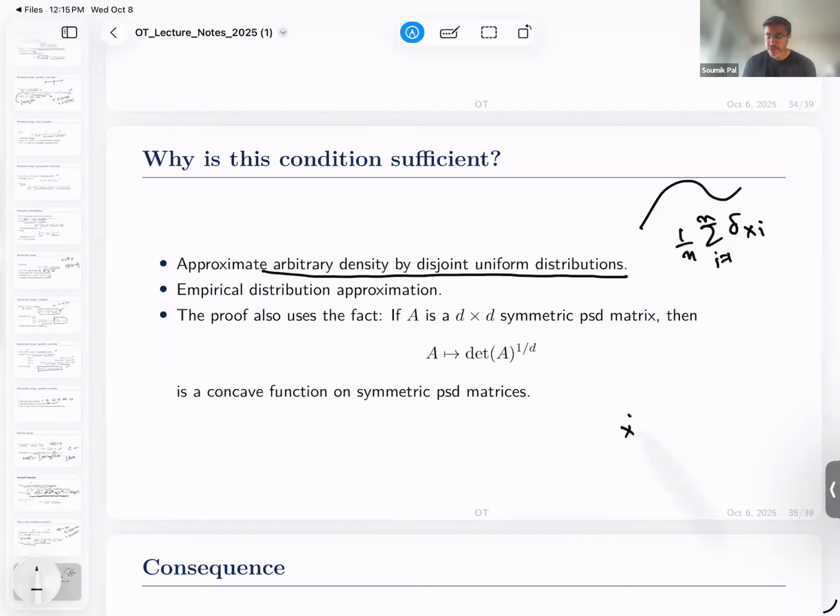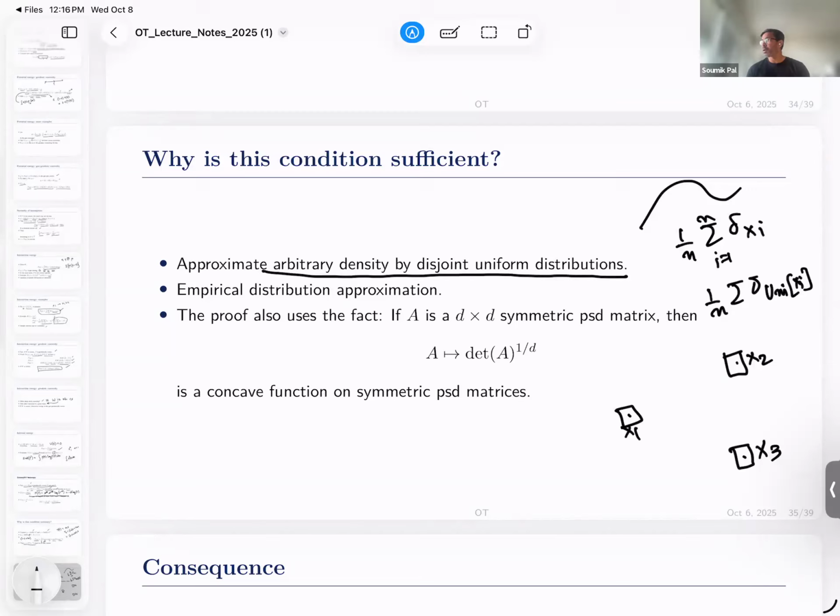So I have these points x1, x2, x3, which are kind of atoms. Now you pick tiny cubes around these atoms and fill them up with uniform density. Then 1 over n times the sum of uniforms around these x_i's is an absolutely continuous distribution, which will approximate this density.